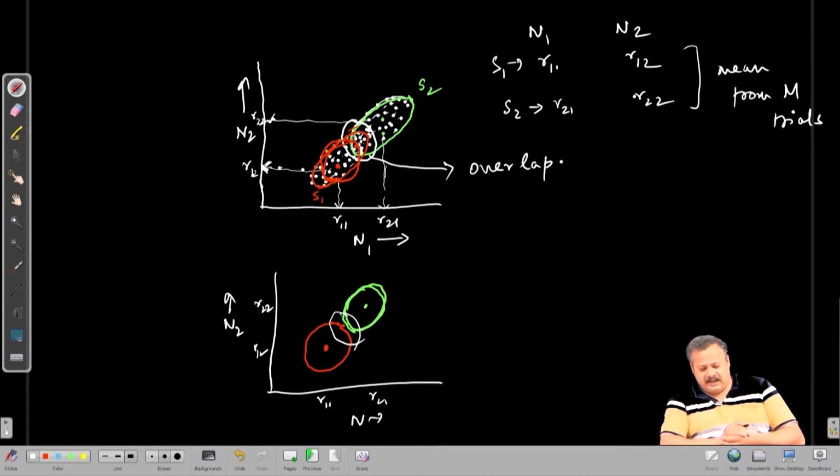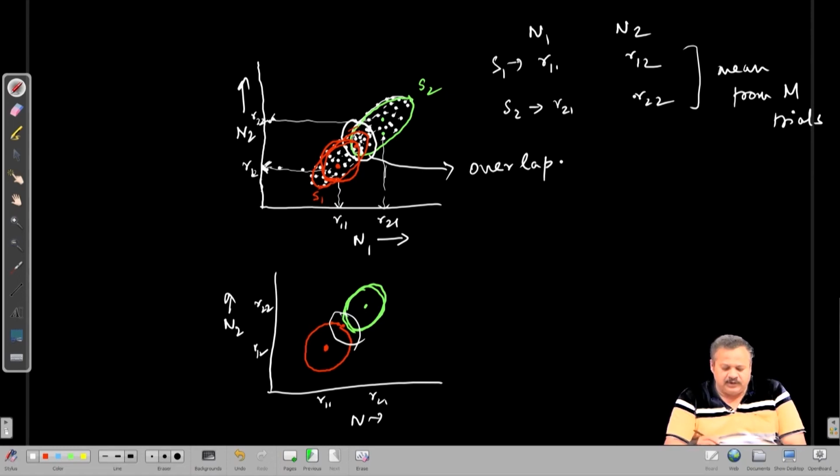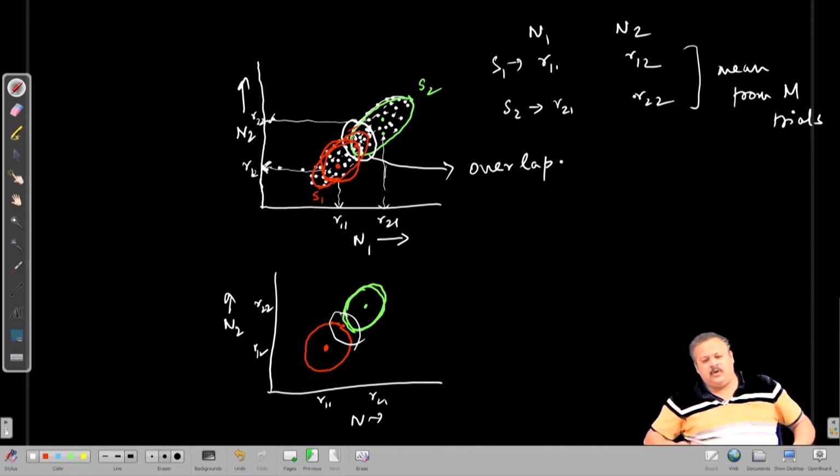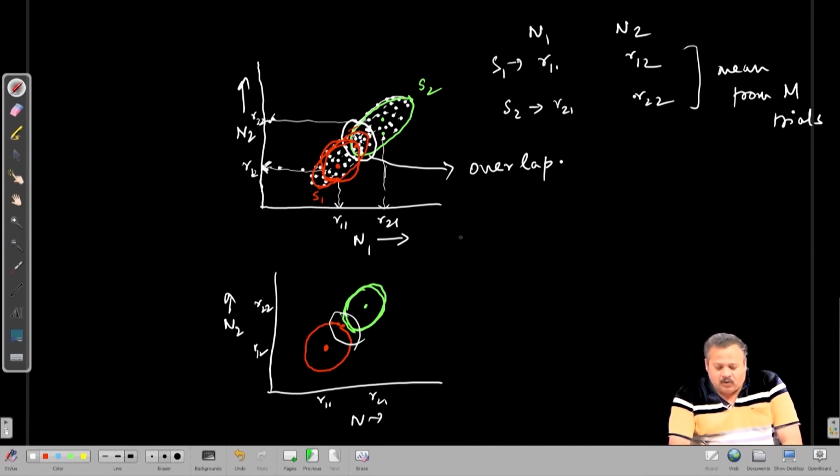So this is the case where S1 and S2 responses are such that there is a positive correlation. Now we are talking of a different correlation, that is, the response of neuron 1 and neuron 2 in response to stimulus 1 and stimulus 2. Their responses change with a positive correlation.